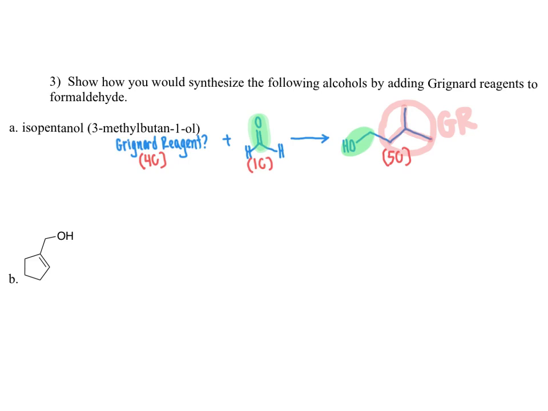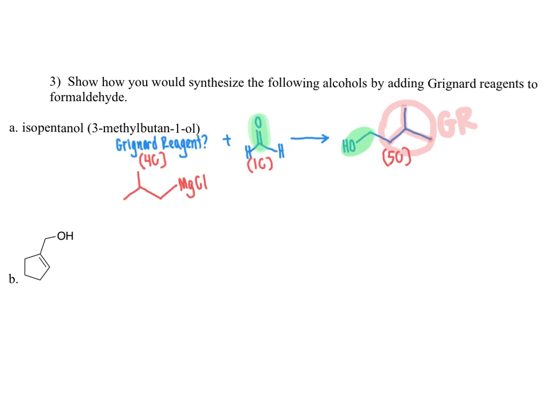To get this to work out correctly, we make our 4 carbon atoms like so, and then for this to be a Grignard reagent, we have to have magnesium there, bonded to a halogen such as chlorine. So we would have our 4 carbon atoms here, 1, 2, 3, 4, and our 5th carbon right there.